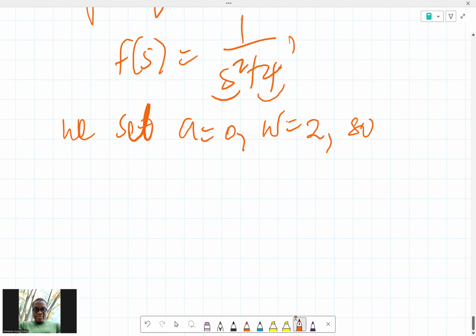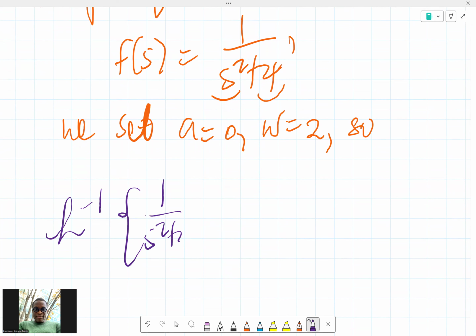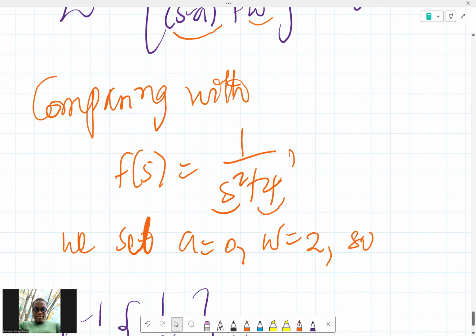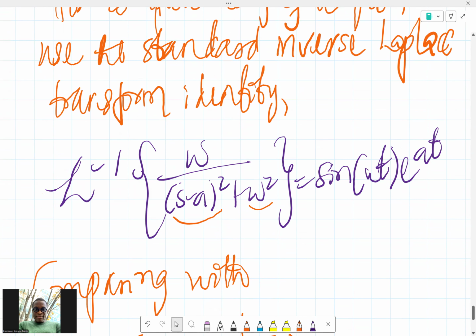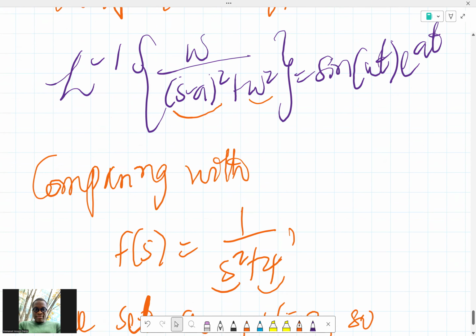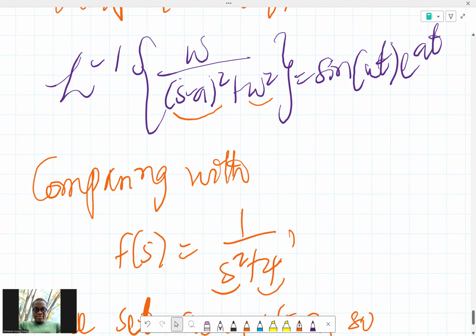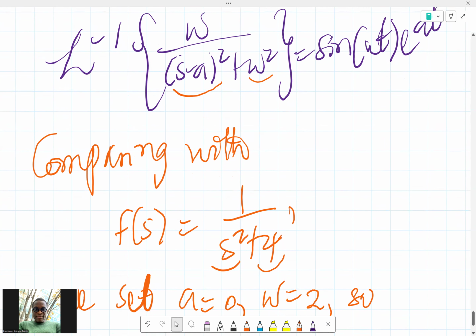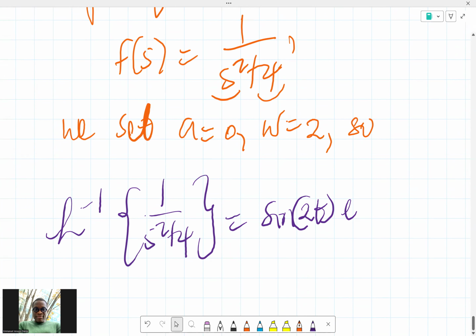And so we can then have that L inverse of 1 all over s squared plus 4 is equal to, from this expression, sine omega t, that is sine 2t, e raised to power 0t for sure.